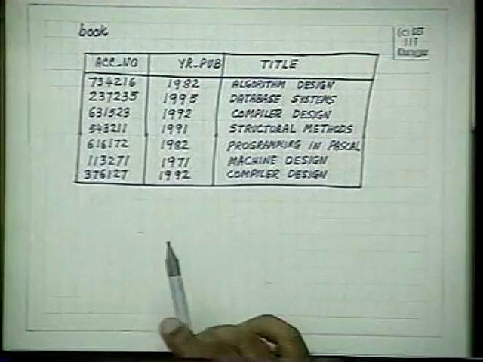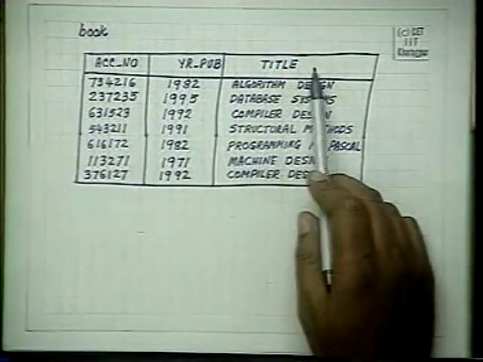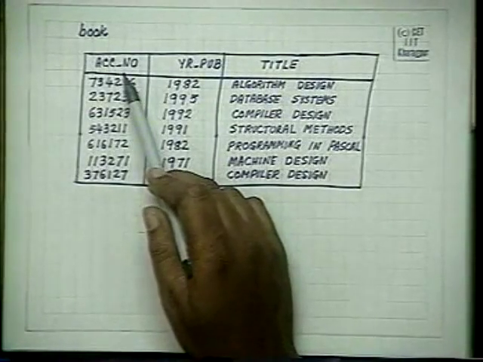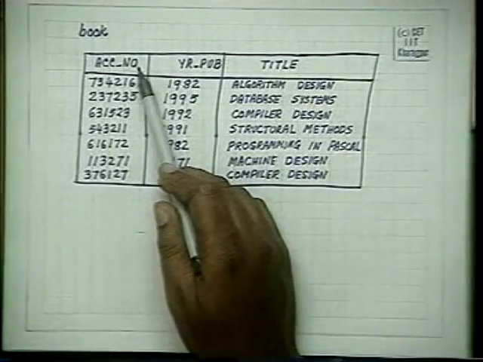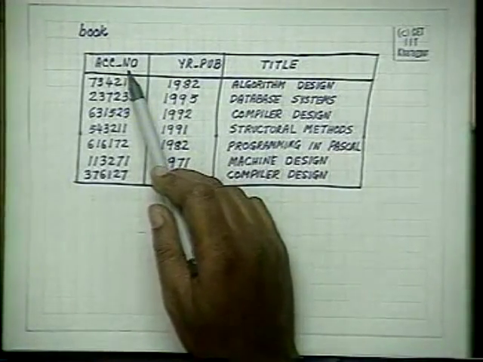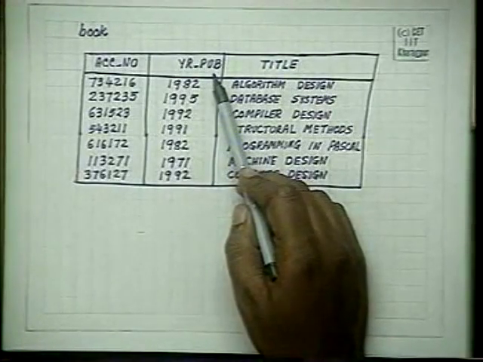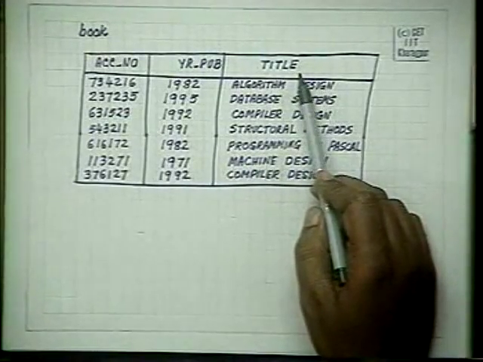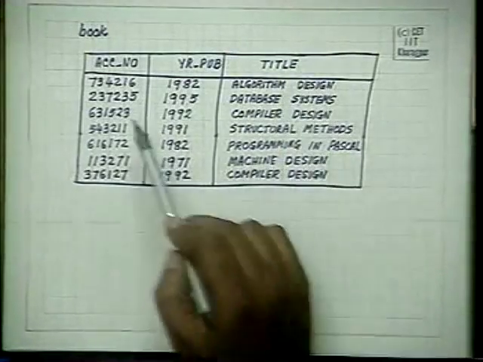For example, the book relation has attributes accession number, year of publication and title. Accession number may be all integers less than or equal to say 1 lakh or say 10 lakhs. The year of publication is a 4-digit number which is a standard year of publication, and title is a string of characters of length at most say 50.